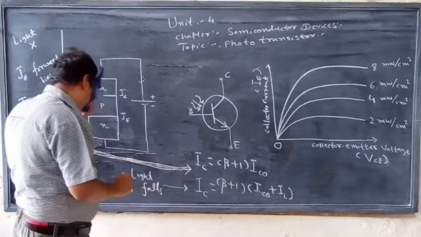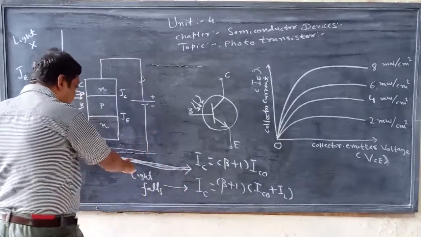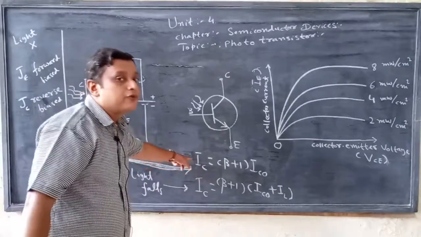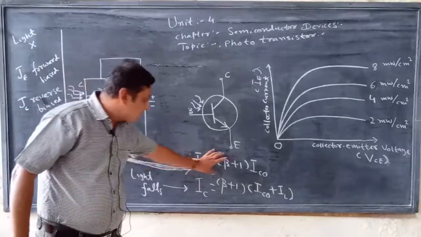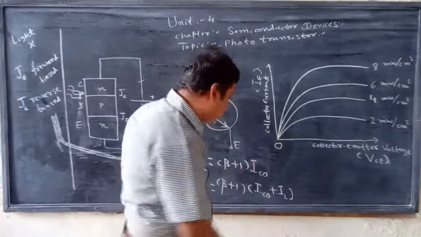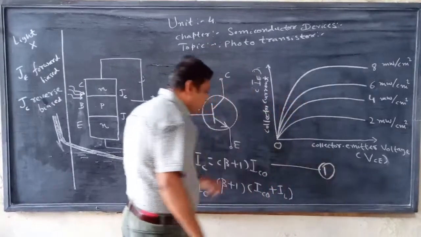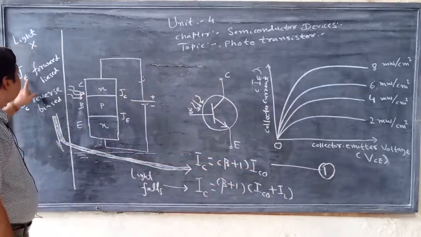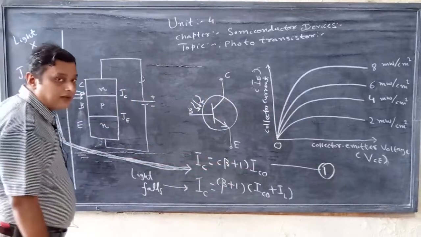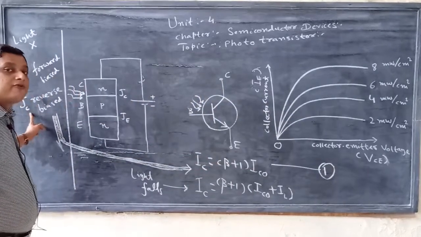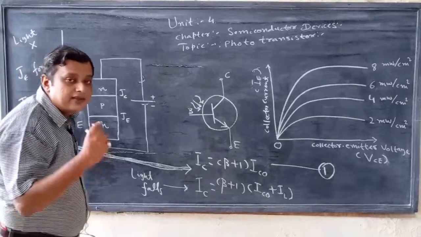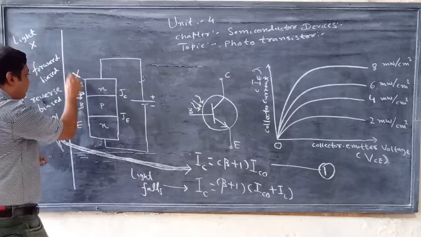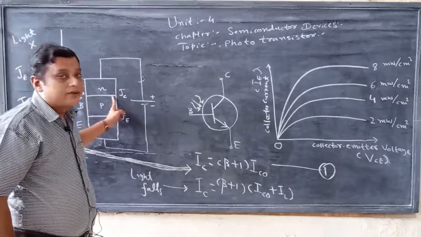Now what happens? Now whenever this equation can be applied, this is equation 1. This equation 1 is true whenever the emitter junction is in a forward bias region and the collector junction is in a reverse bias region, and this is possible whenever light energy is not falling onto the base collector junction.